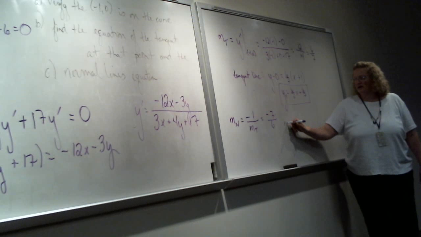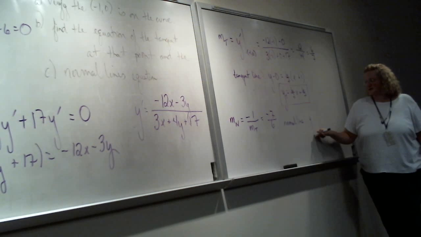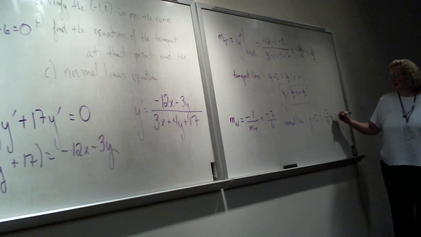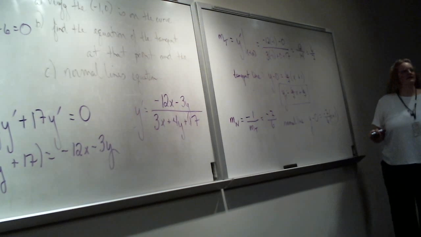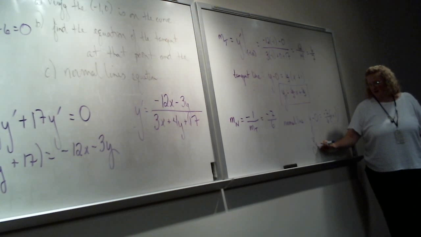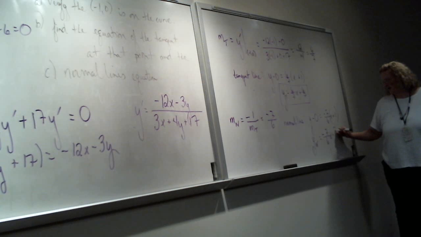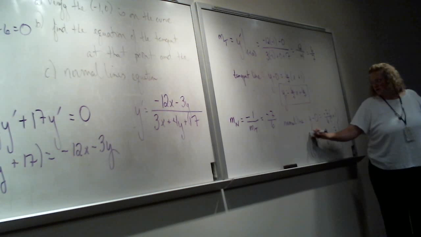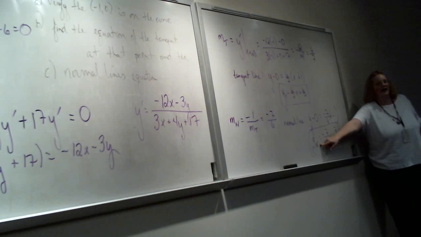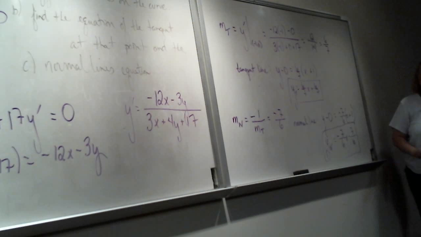So now my normal line is still y minus 0 equals negative 7/6 times x plus 1, or if you write it the way that I prefer that you wrote it, in slope-intercept form, my normal line is negative 7/6 x minus 7/6.